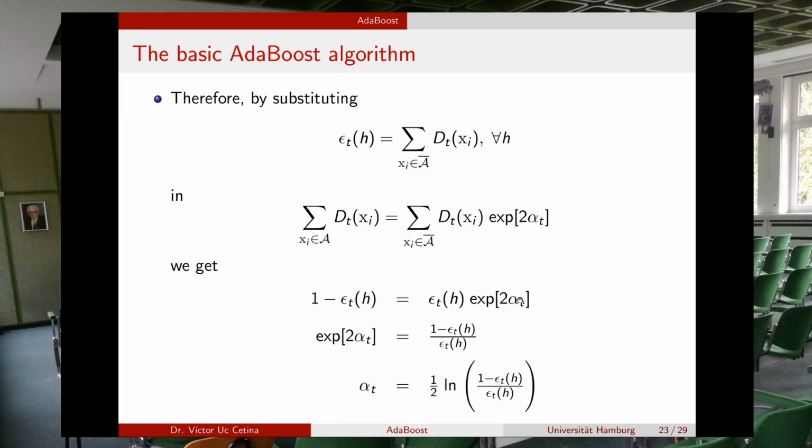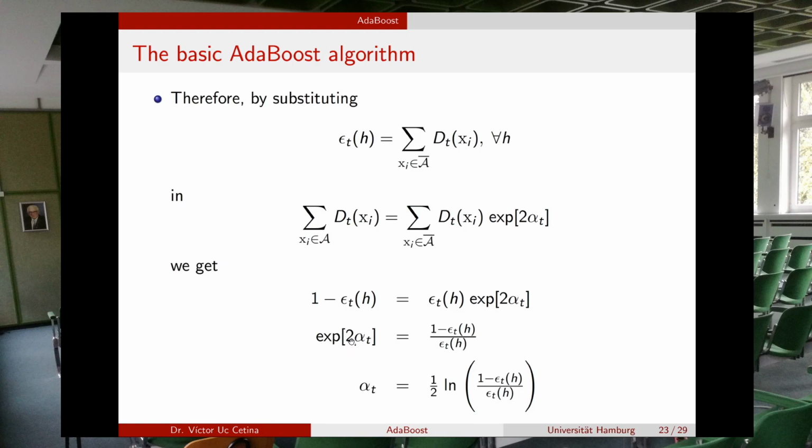Now, we remember that we are solving this for alpha. So first, we move this to the other side, so we have the exponential of 2 times alpha equals this over epsilon. Then at this point, to get rid of this exponential, we can apply the natural logarithm to both sides of the equation. So this exponential will just disappear, and we will get 2 times alpha here, and this will be the natural logarithm of this expression.